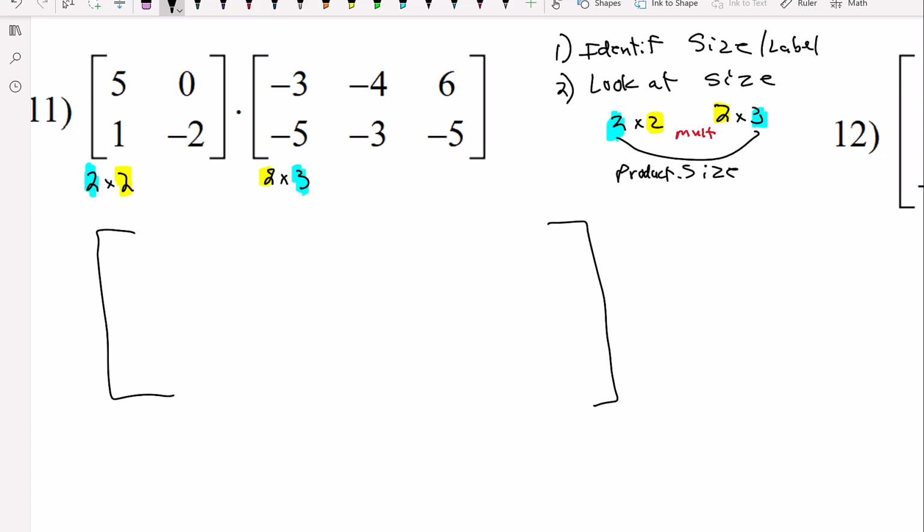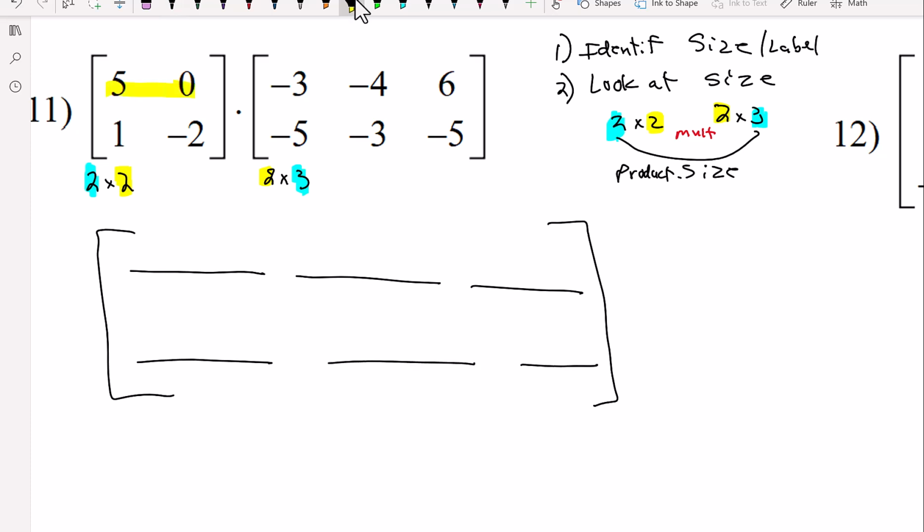Okay, so here's the process. For each of those 6 slots, for this first slot, we're going to be using the left number times the upper number plus the right number times the lower number.